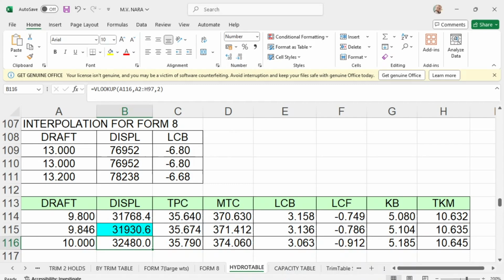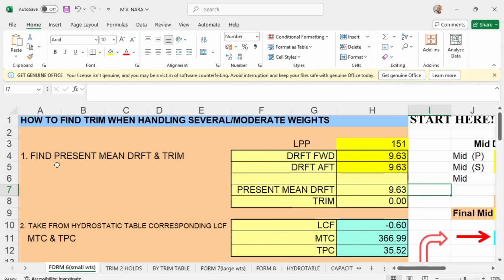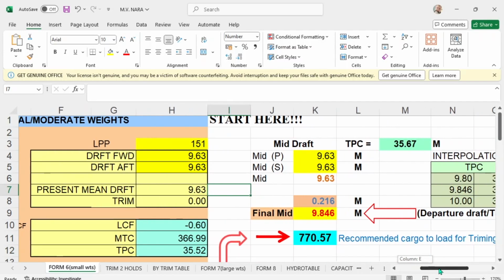This is my program. I will go to form number 6, which is how to find trim when handling several moderate weights. Okay, so this is the program that I'm going to use.